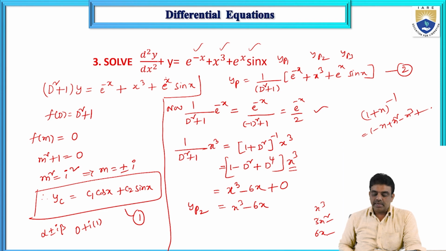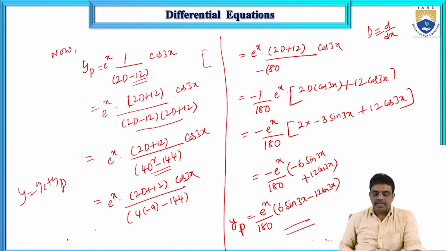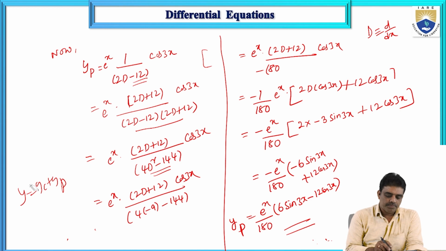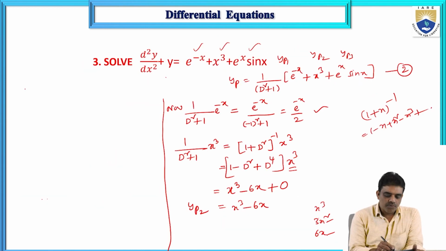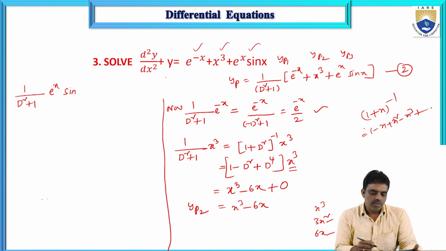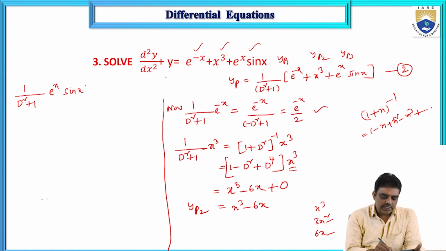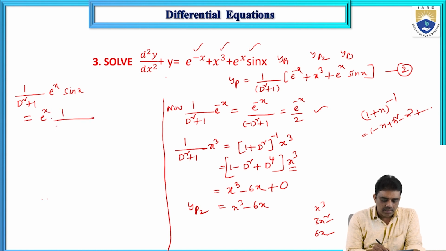Similarly, you find the particular integral for the third part, that is 1 by D square plus 1. So how to find the third value? 1 by D square plus 1 of e power x sin x. We have seen already in the fourth model, e power ax into V of x model, we have to apply. That means e power x comes out first, and replace D by D plus 1 in the denominator: (D plus 1) whole square plus 1 of sin x.